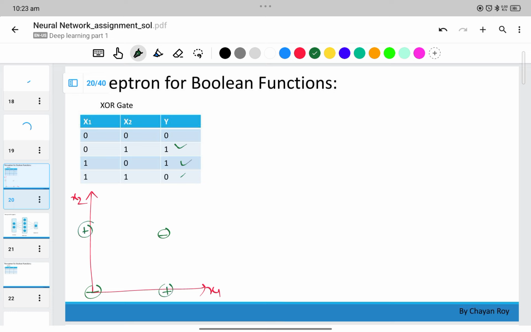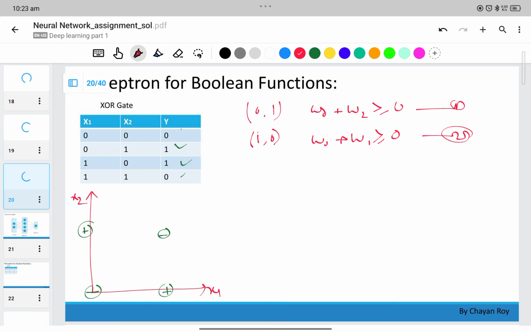So for the point 0 1, we have w0 plus w2 greater than or equal to 0, that is equation number 1. For the point 1 0, we have w0 plus w1 greater than or equal to 0, that is equation number 2. For the 0 0 point, we have w0 less than 0, equation 3, and for 1 1, we have w0 plus w1 plus w2 less than 0, equation number 4.